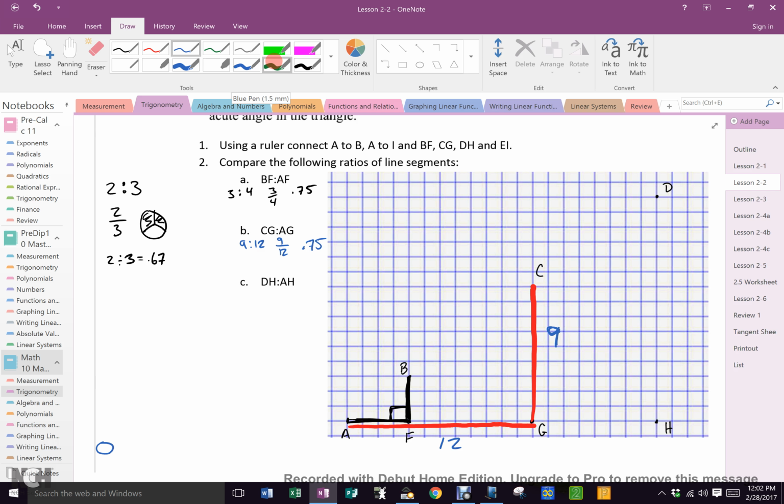Now the third one, we're going to go A all the way out to H, and then up from H. And what do you get? Remember, this line is down here, but it really should be up on the same line, right? How long is that one in green?